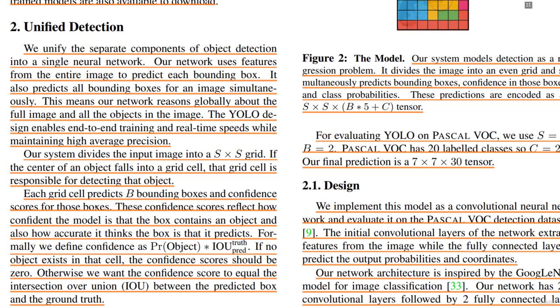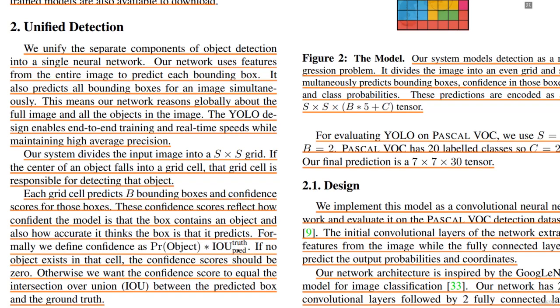Now the confidence score is actually a reflection of how confident the model is that the box contains an object, and also how accurate it thinks the box is that it predicts. And this confidence is defined as the probability of having an object times the IOU of the truth with the predicted information.